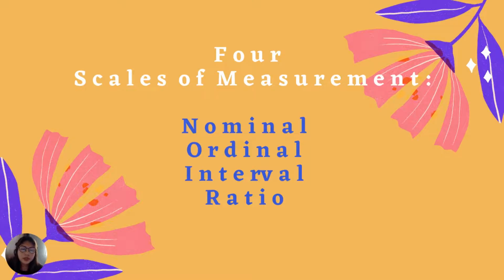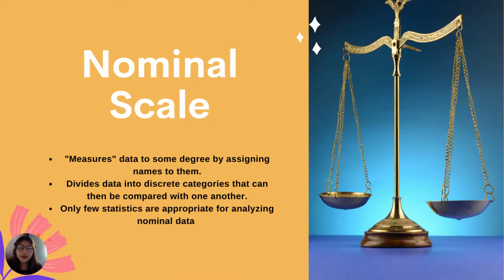All right. So we have four scales of measurement. I know you are very familiar with this one. So first we have the nominal, next is the ordinal, next is the interval, and next is the ratio. Okay, for nominal scale, you measure data to some degree by assigning names to them.